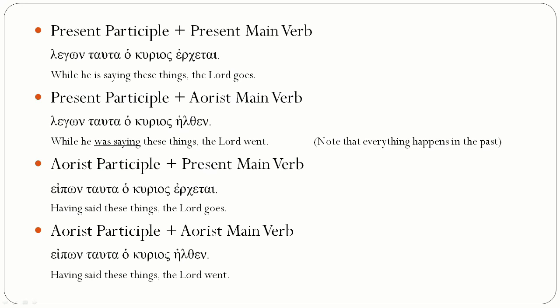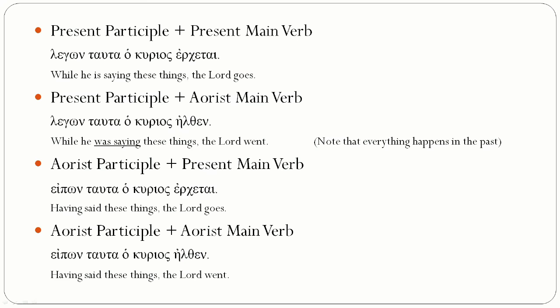Now have a look at the second example there. All right, here you have a present participle, but it is combined with an aorist main verb. Okay, how on earth do we do this? So now we have the entire action happening in the past tense, right? Because the main verb is aorist. So the time we are speaking about is past.